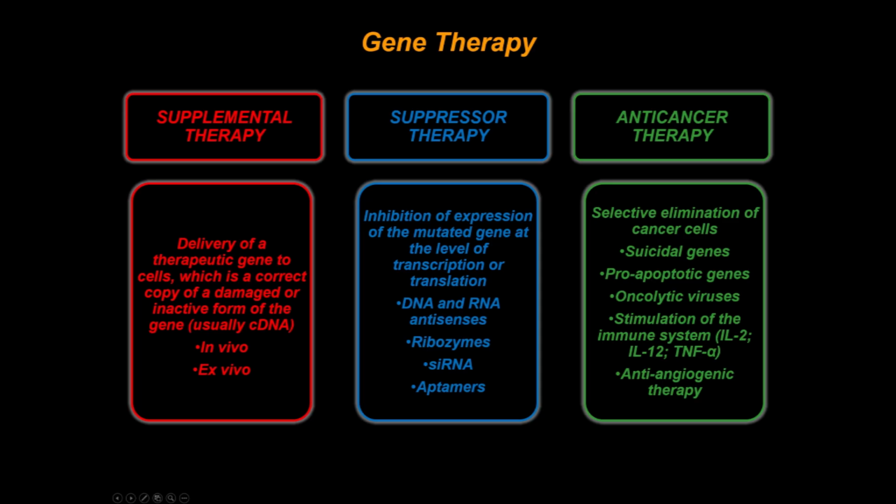Anti-angiogenic therapy works by blocking the expression of the blood vessel growth factor VEGF. As we know, cancer cells proliferate very quickly, so they need a very large amount of nutrients that they obtain from the blood. By blocking VEGF, the growth of blood vessels within the tumor is inhibited and the cancer cells cannot get a lot of nutrients. As a consequence, the growth of neoplastic tissue is inhibited.